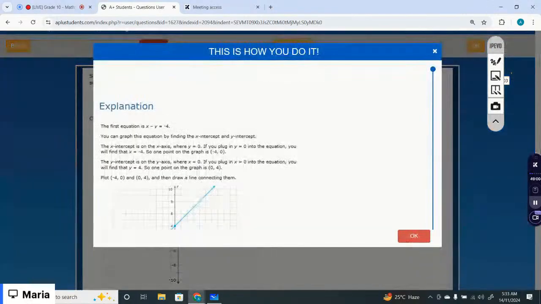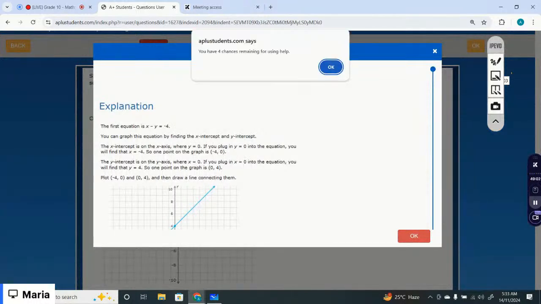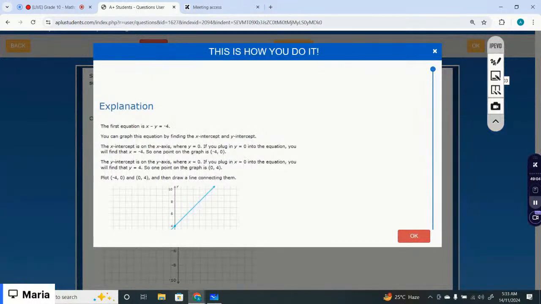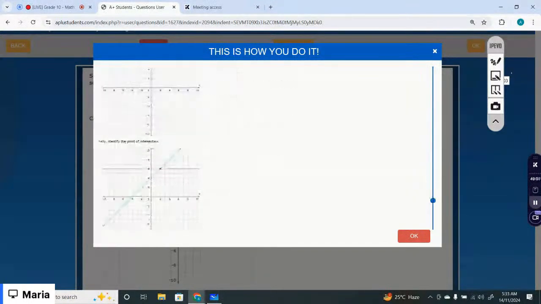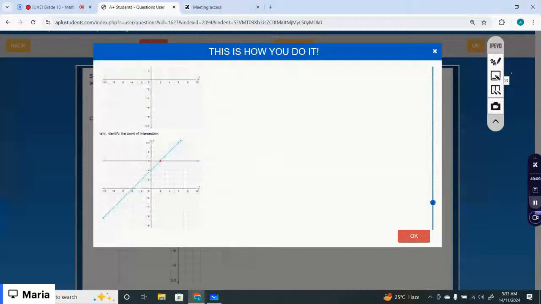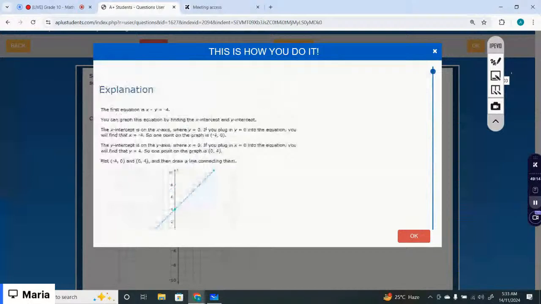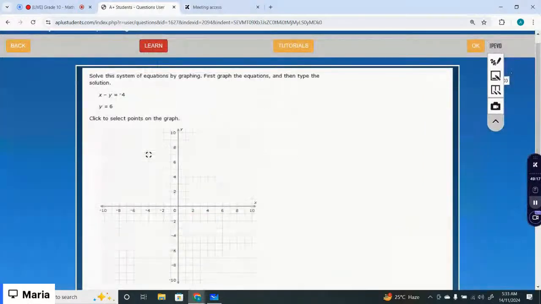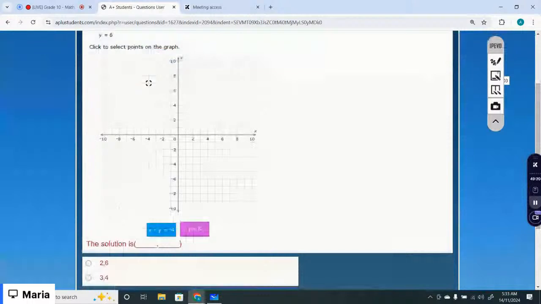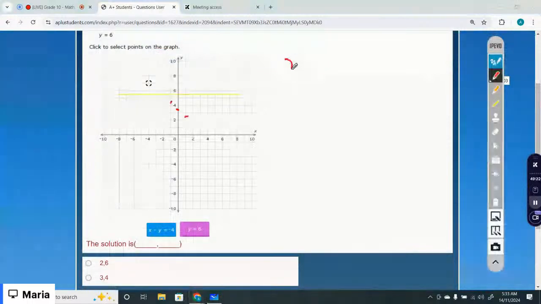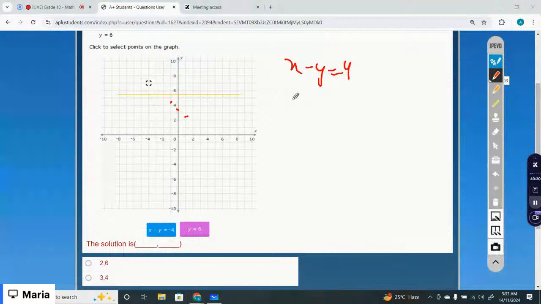Let me see the solution. Hold on. X is 0, -4 it is. X minus y is -4.